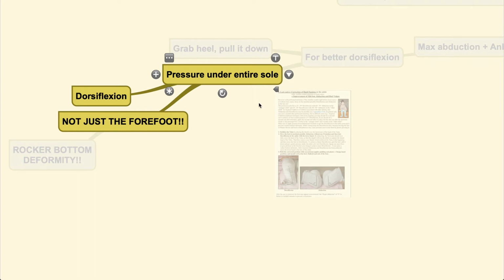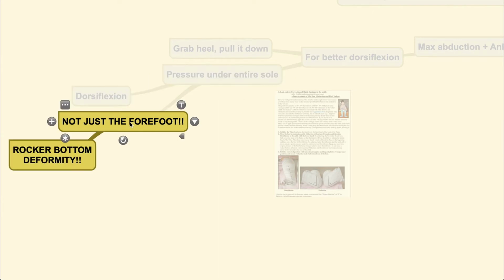Once again, you need to apply pressure equally under the entire sole to achieve dorsiflexion, and not just the forefoot, because when you apply a dorsiflexion force under the forefoot, you will create a rocker bottom deformity, and this deformity is very difficult to treat. It is a very erroneous deformity, and this should not have happened if you have read the procedure and done it carefully.